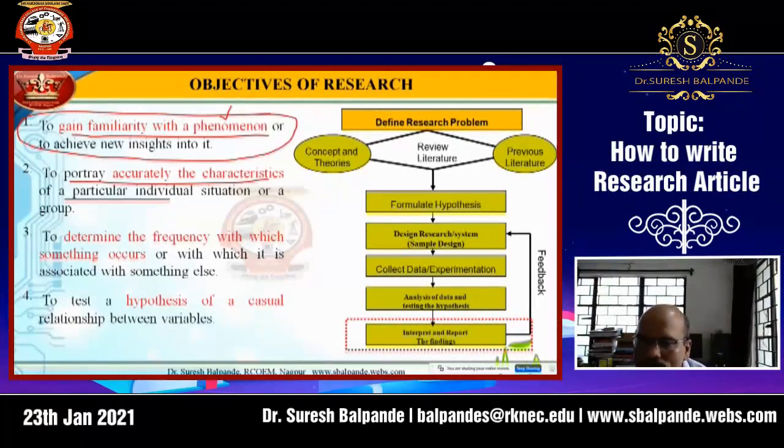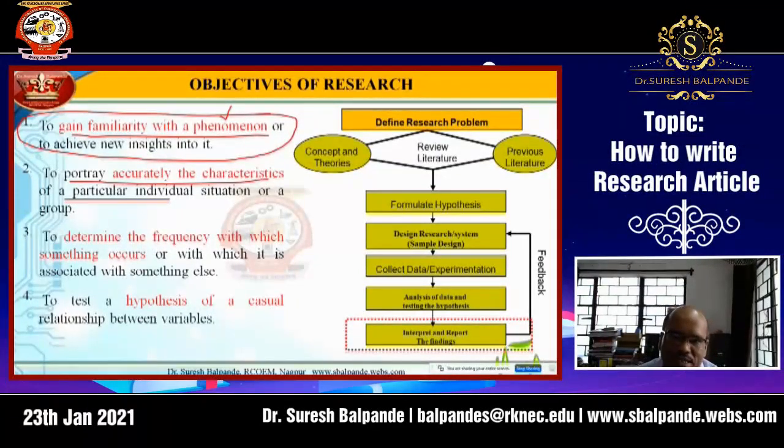No, not like that. We have to work on a new topic which is not well known to everyone, and then you will be considered as one of the good contributors in that particular unknown domain, unknown phenomena. So writing a research article or doing research means ultimately you are portraying these important characteristics of the unknown phenomena.